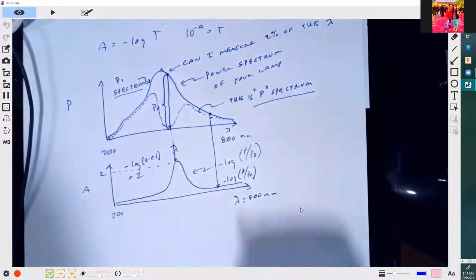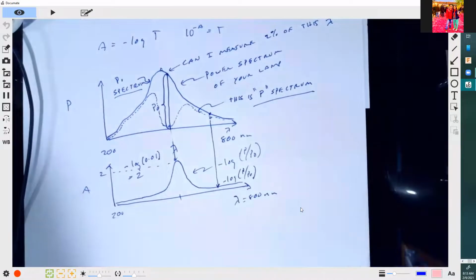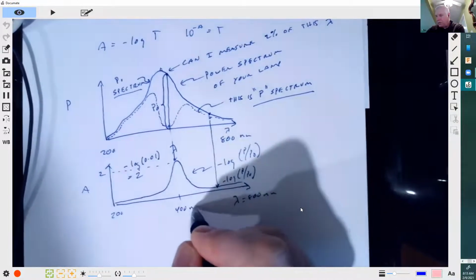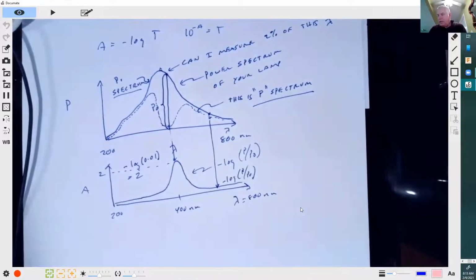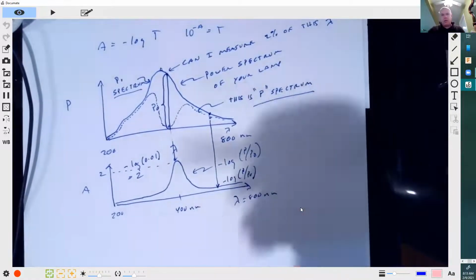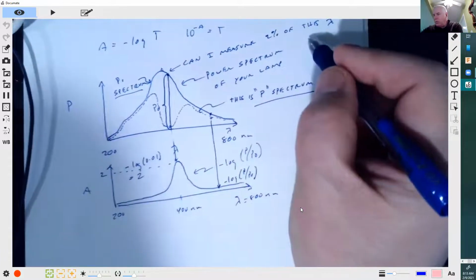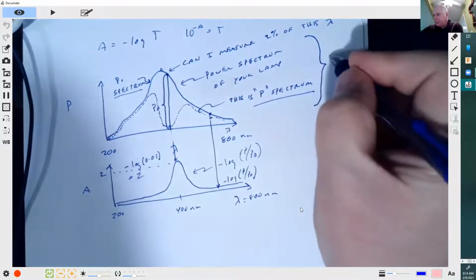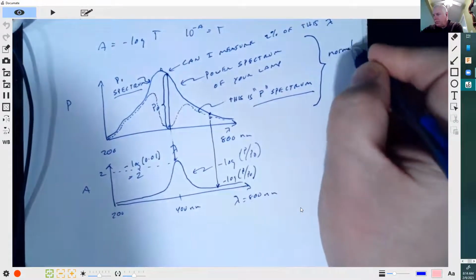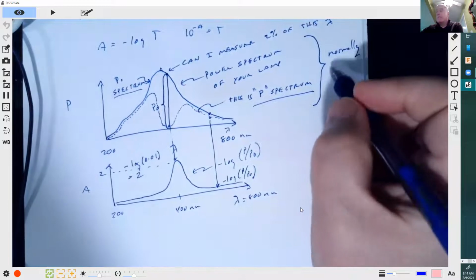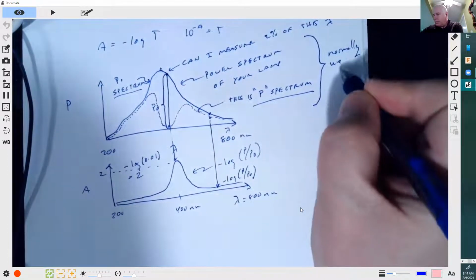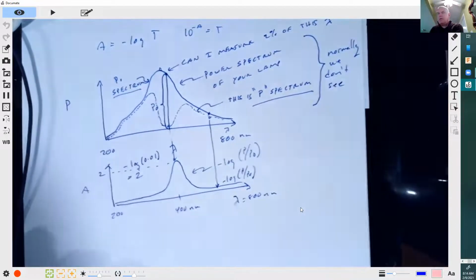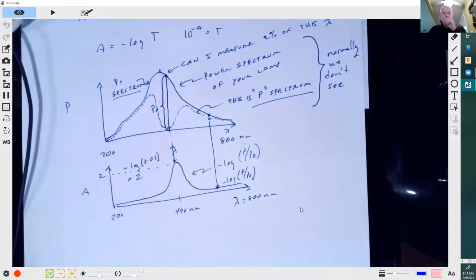This is stuff that we normally don't see. Now, these are mostly kept internal to the instrument.